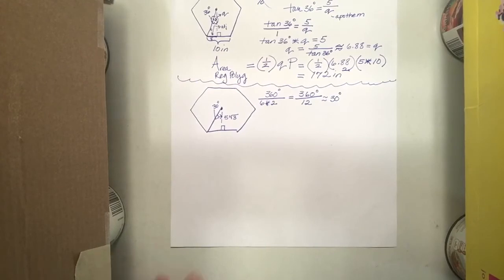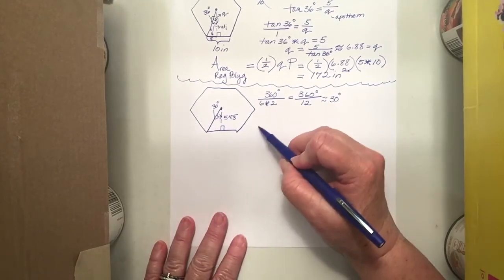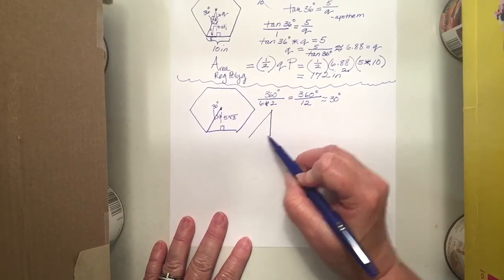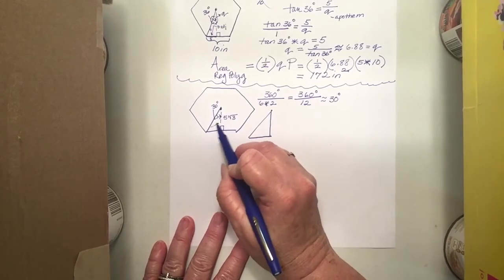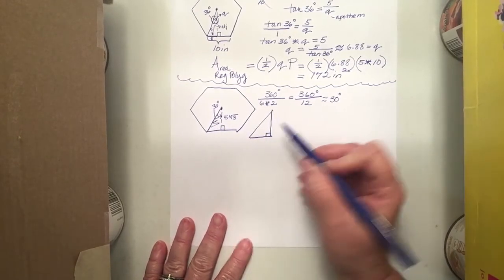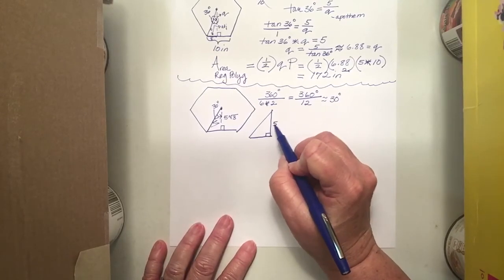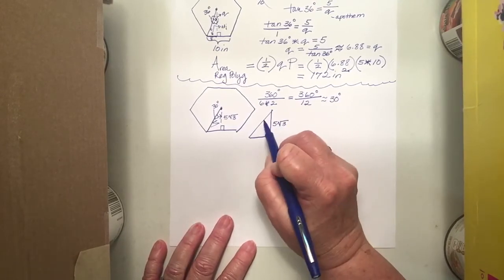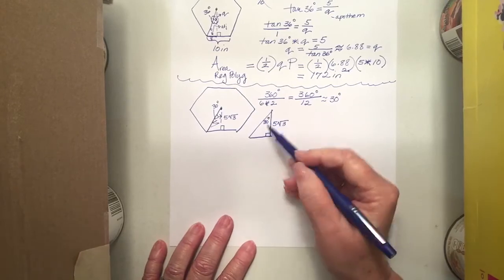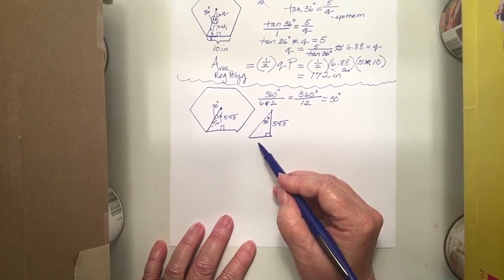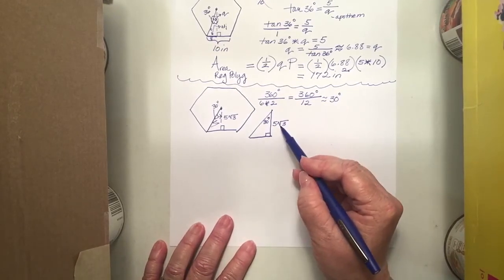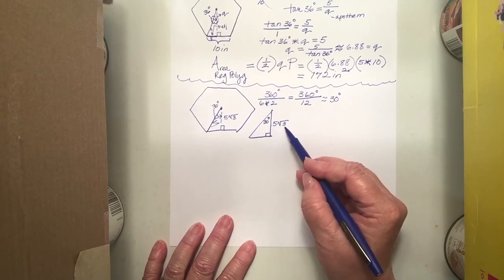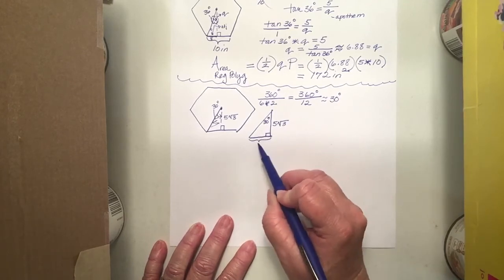Now, if you know your 30, 60, 90 formulas, you're home free on this problem. I'm just going to pull out this little triangle right here so we can see it more closely. If that's 5 square root 3 and this is 30 degrees, what is this side? Remember, this side is the short leg times square root 3. So this is 5.